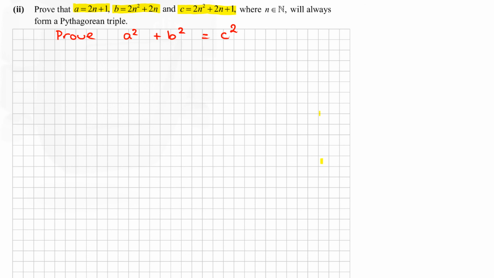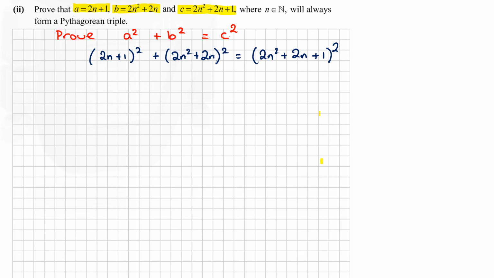So let's work with that. So A squared: A is 2n plus 1 squared, plus B squared, 2n squared plus 2n all to be squared, is equal to 2n squared plus 2n plus 1 all to be squared.